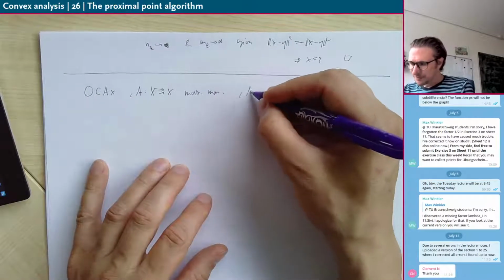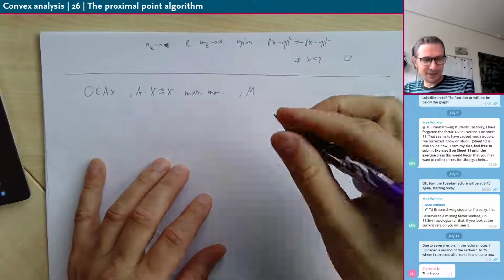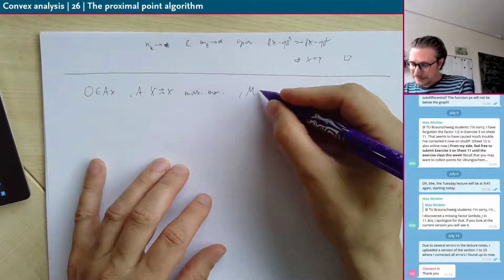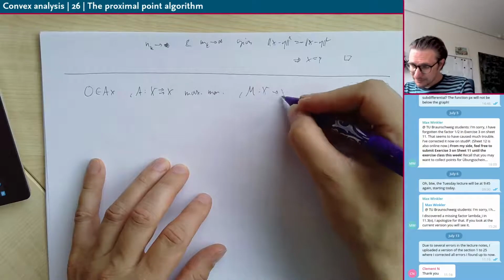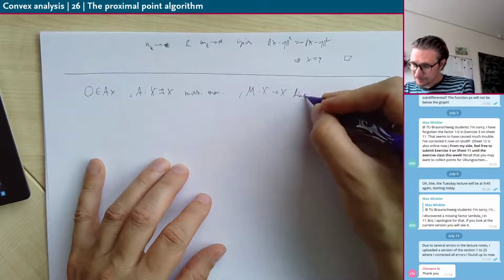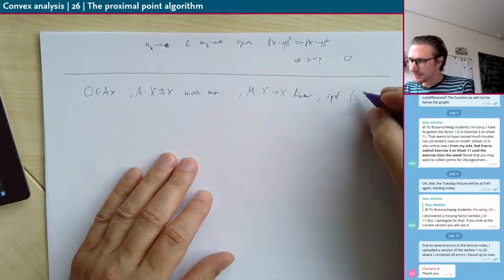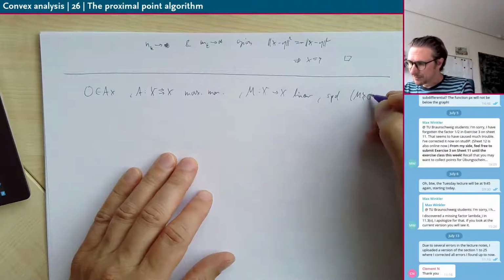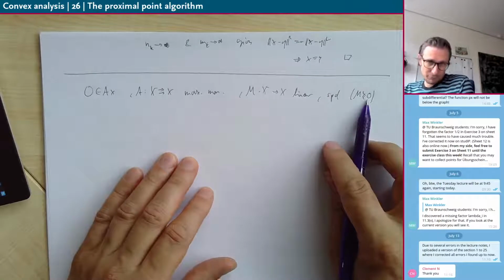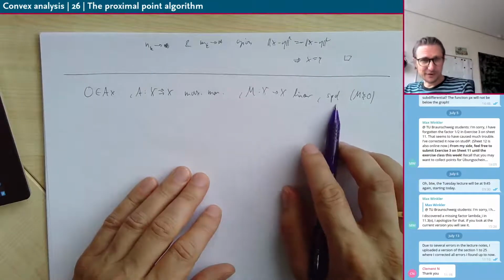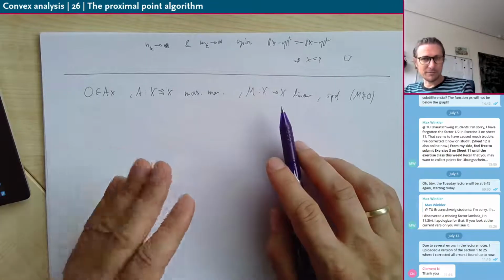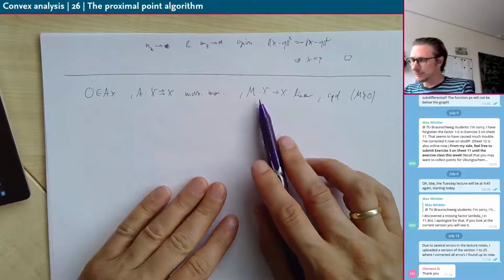And now consider we have another operator M, any operator, which is now from X to X, linear. And let's say SPD, so symmetric positive definite. I sometimes write this down like this. M is positive, it means symmetric positive definite. It's a symmetric, a self-adjoint operator.